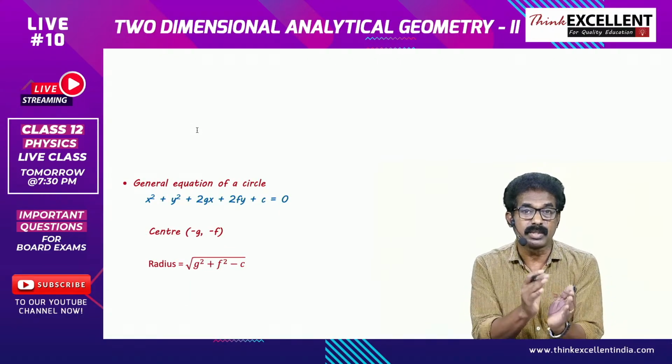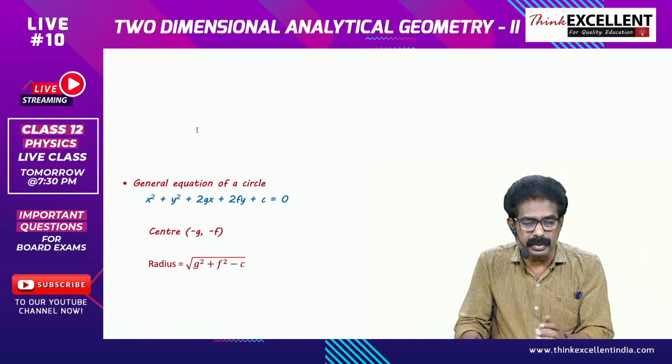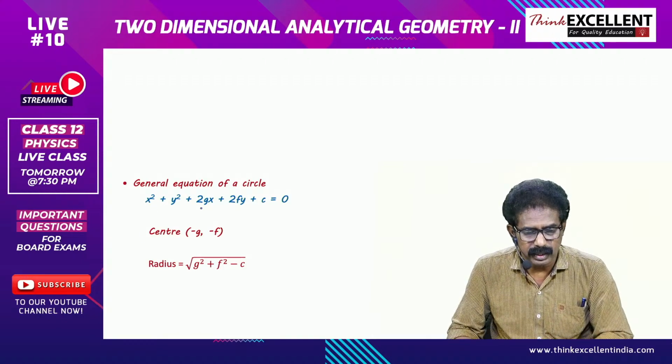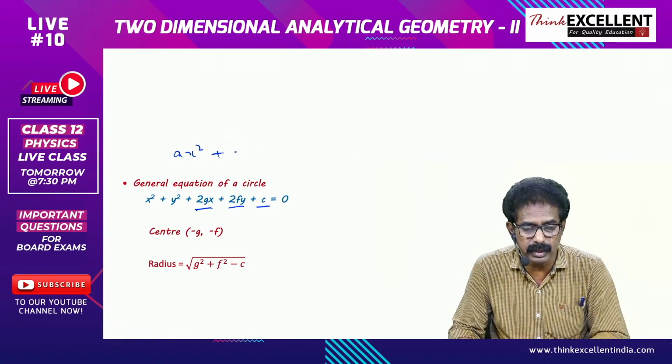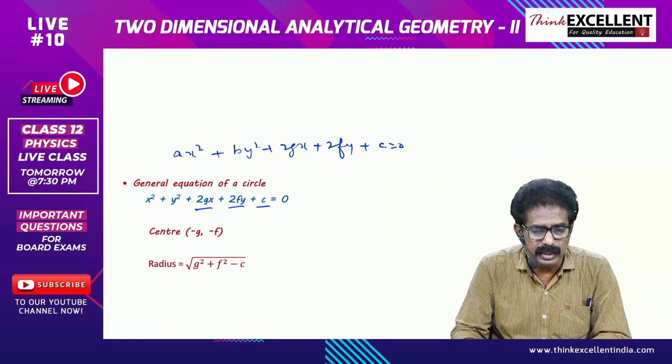We have already seen the general equation of a circle. The xy term will not come, right, since h equal to 0. Then 2gx plus 2fy plus c equals 0. First we have ax square plus by square plus 2gx plus 2fy plus c equals 0, the xy term won't come. But here we saw a and b are equal.